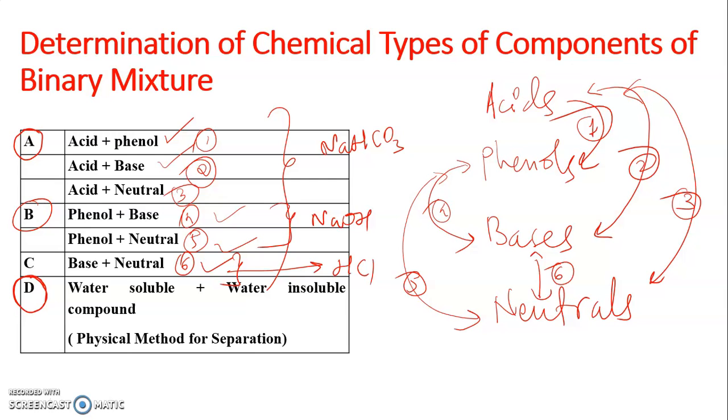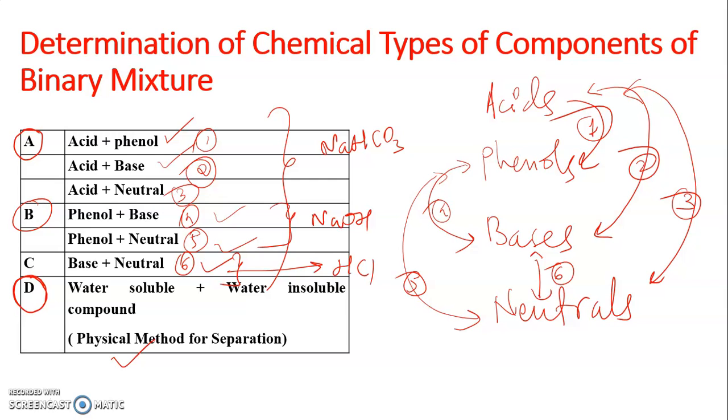And the fourth type, if one of the components is water soluble and another is water insoluble, that means we are going to use a physical method of separation. There will be no use of any reagent. Water will be there as the separating solvent.